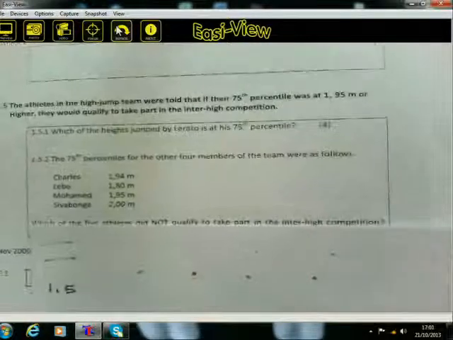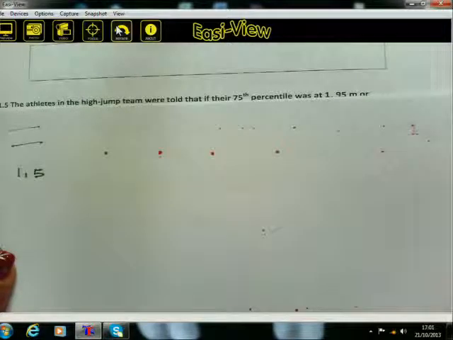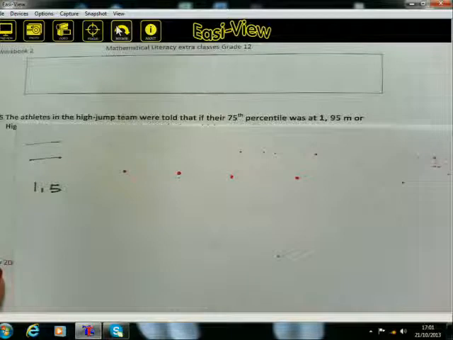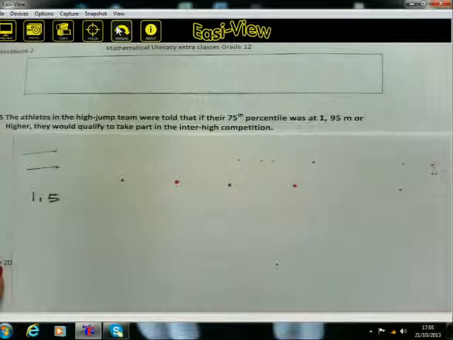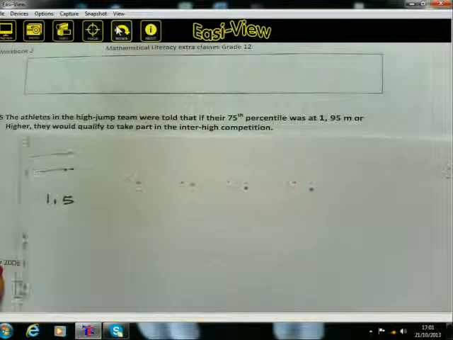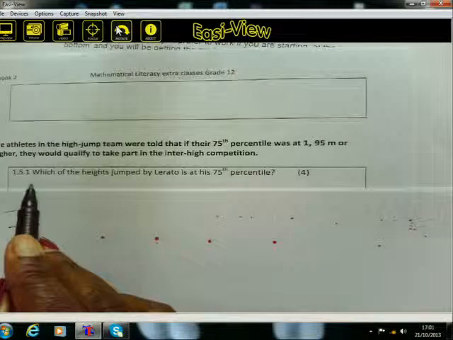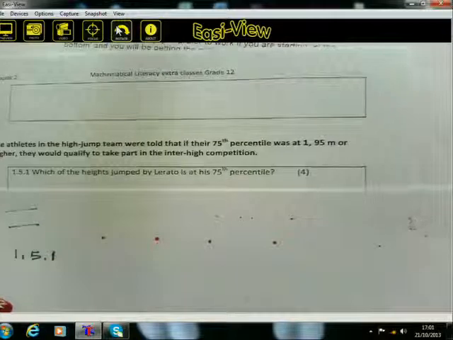So the scenario says the athletes in the high jump team were told that if their 75 percentile was at 1.95 meter or higher, they would qualify to take part in their inter-high competitions. Let us read the question. The question now, you number it. You cannot just say 1.5 then you answer. You should check the first question starts at 1.5.1.